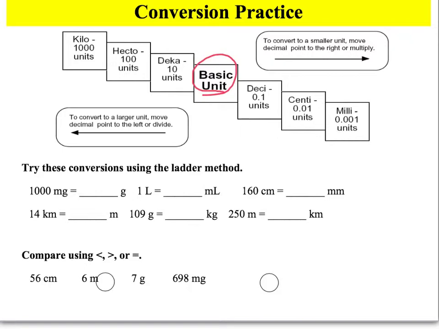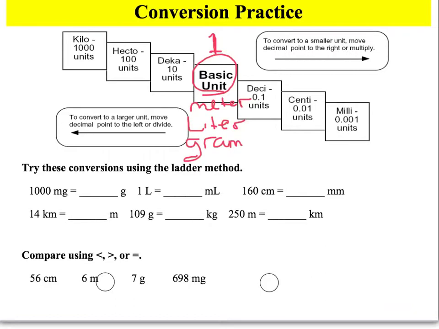So base unit can be meter if we're measuring length. It can be liter if we're measuring volume, or it can be gram if we're measuring in mass. Base unit stands for the ones place. So like on your number line in math, it would be ones.